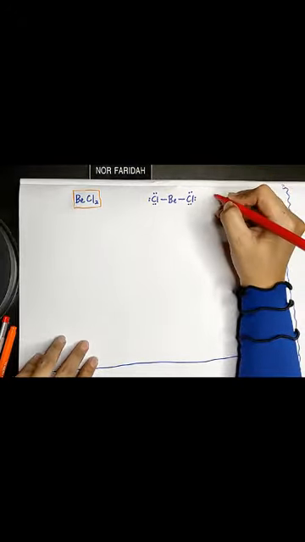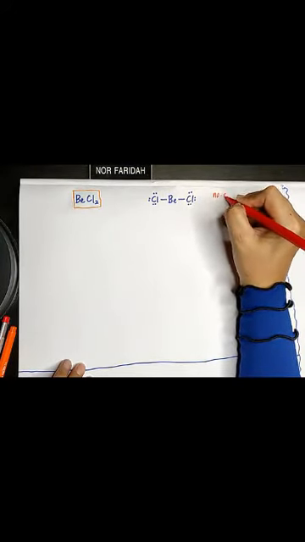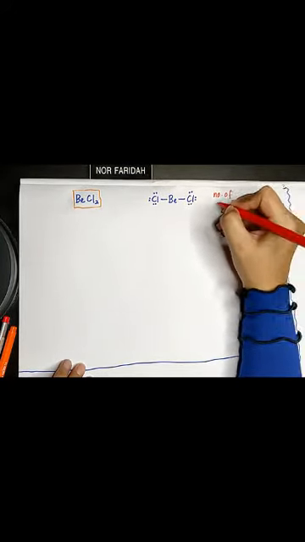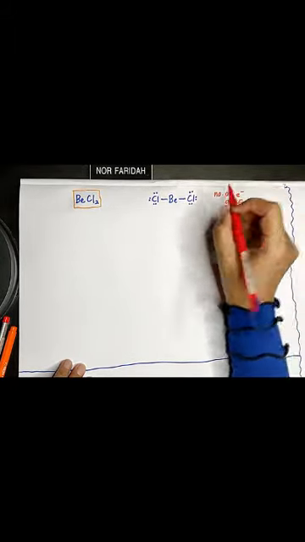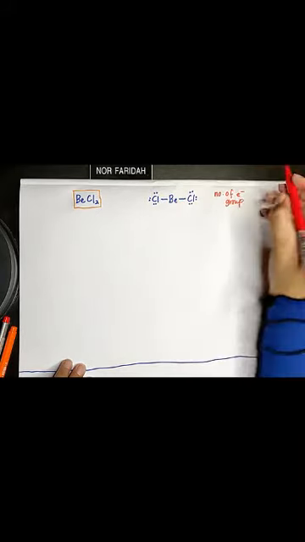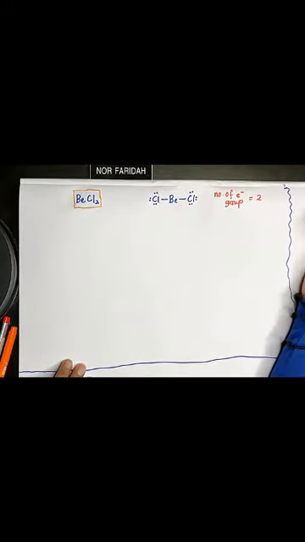From the Lewis structure you can see the number of electron groups around beryllium, since there are two bonding pairs, is 2.